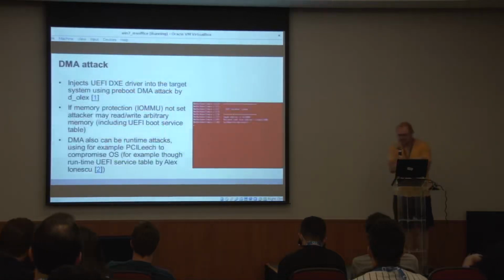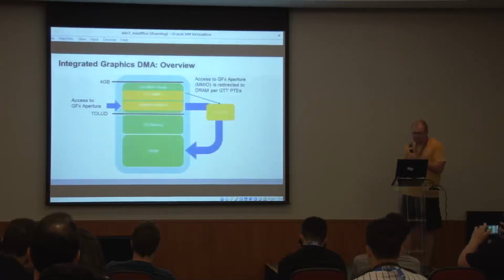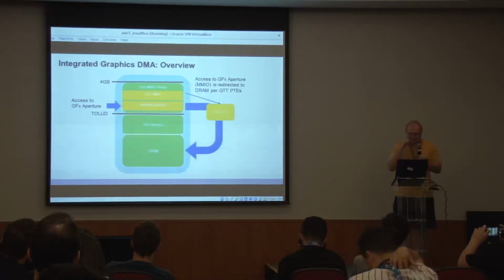So one of the attacks which I will fly through really fast, which is applicable to both architectures, is the DMA attack. It is a pre-boot attack, where you inject some boot component during the boot and you can own the system. This attack is applicable for both systems. In x86, there are a couple of different scenarios for this attack as well.